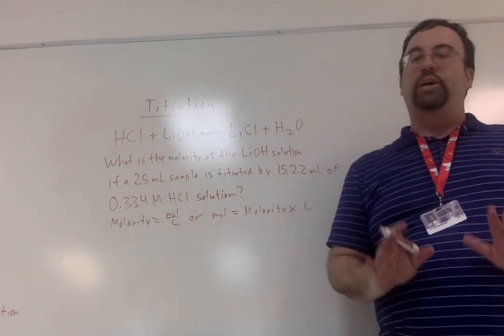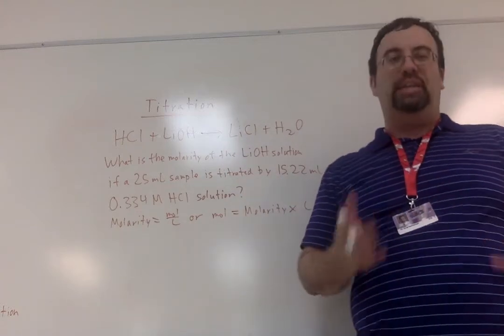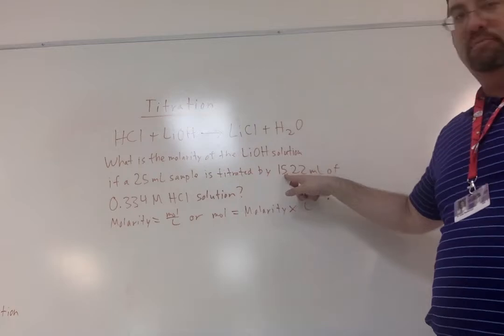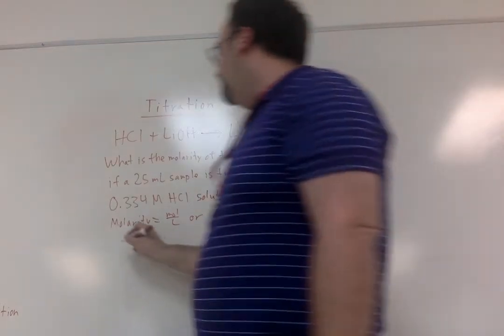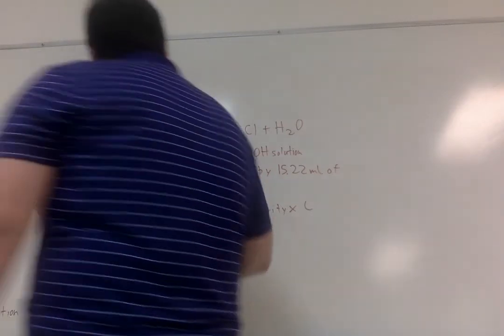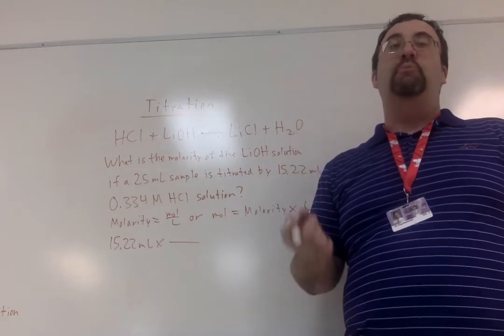Again, just as before, we need to convert the milliliters into liters to do this. First, we have 15.22 mL of this hydrochloric acid solution. Remember that there's 1,000 milliliters in 1 liter.